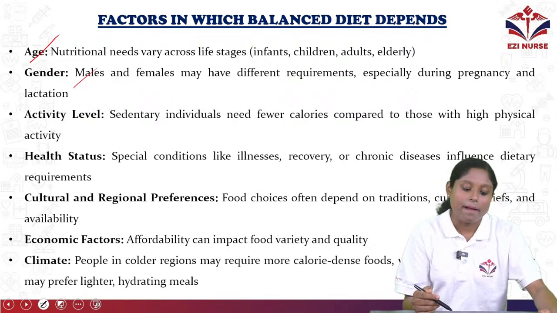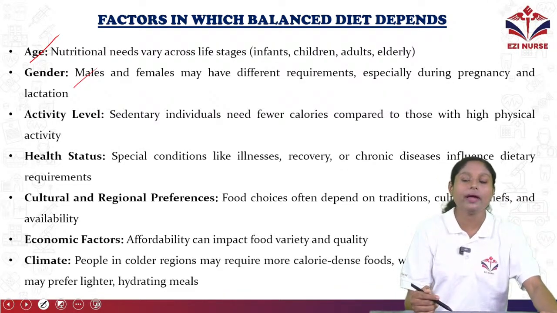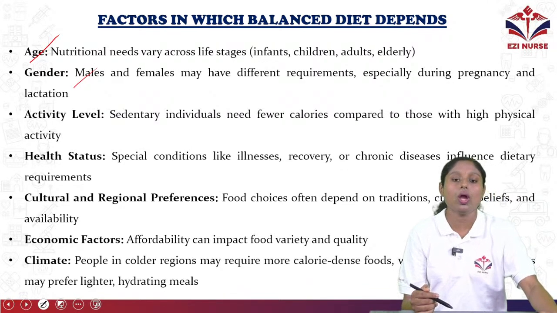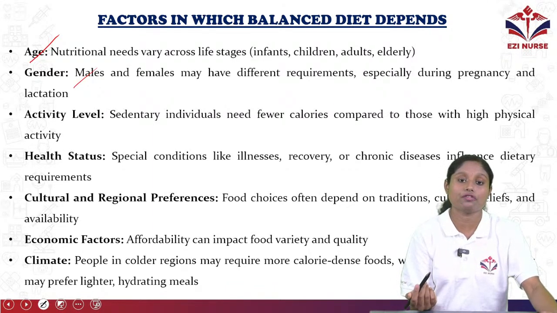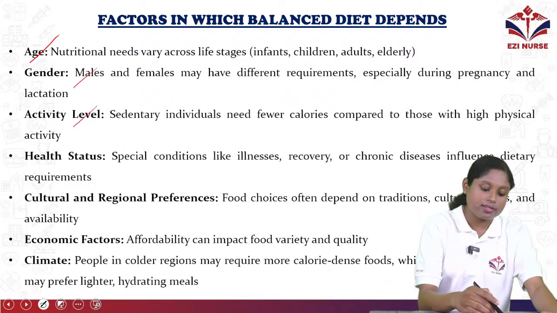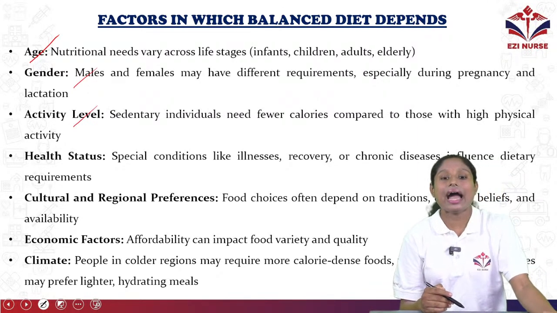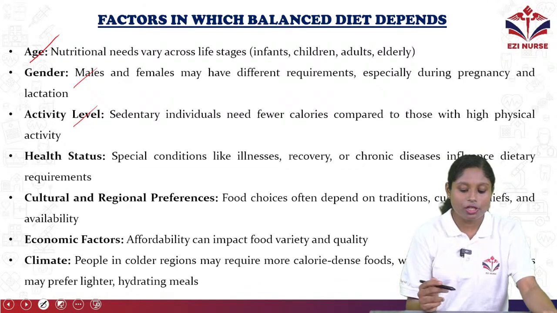Next is gender. Males and females may have different requirements, especially during pregnancy and lactation. So what happens at the time of pregnancy and lactation is that the mother needs more nutritional food. So that is what is called depending on the gender. Next is activity level. So what is activity level? Sedentary individuals need fewer calories compared to those with high physical activity.